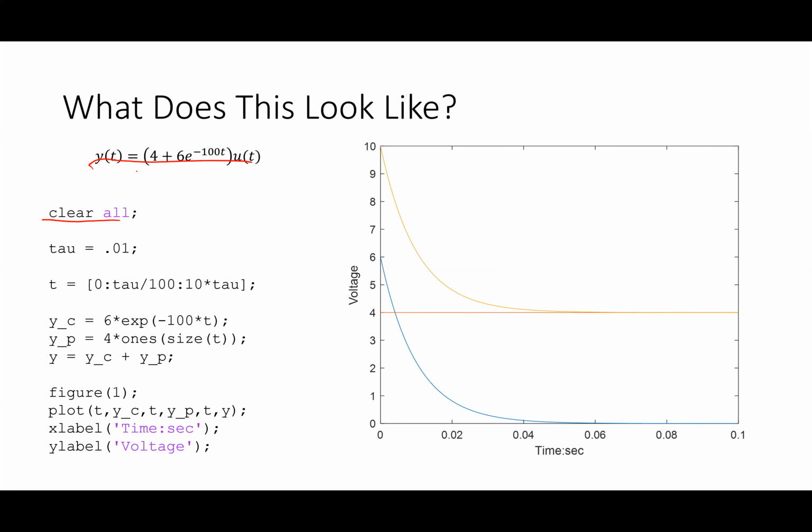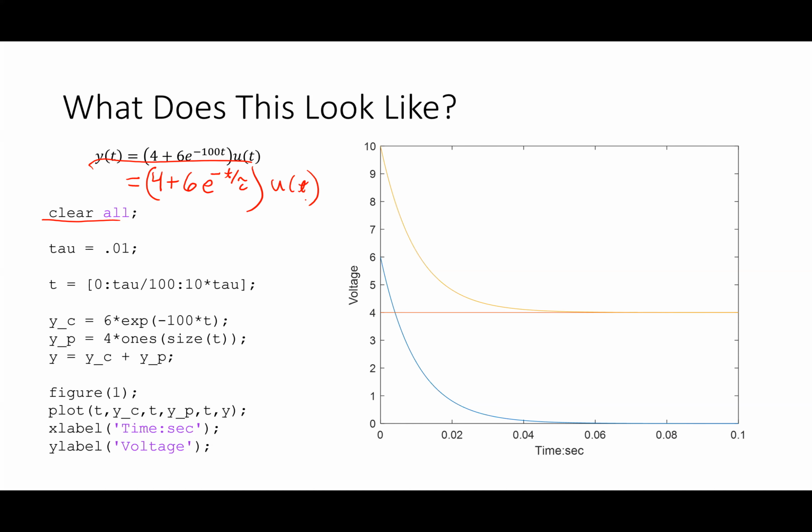So I basically said that I know that this guy y of t is also 4 plus 6 e to the negative t over tau, u of t, like that. Okay. And so I looked at this guy and I said, well, that tells me that my tau looks like it's 0.01, right? So my time constant is 0.01, 1 over 100, okay?